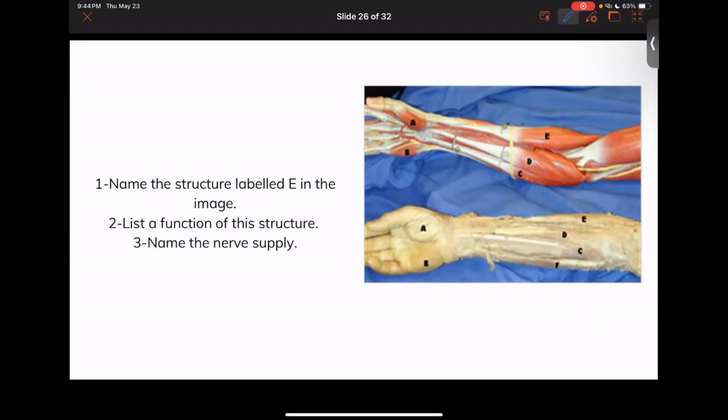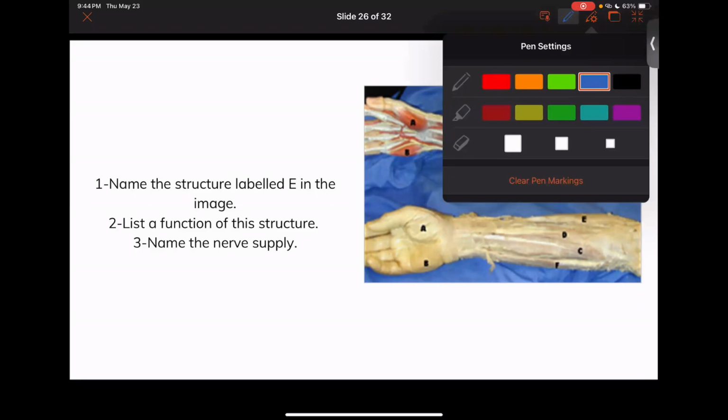Okay, so structure E, I'm pretty sure you guys know this. This is brachioradialis. The function of it is it flexes the arm, and the nerve supply is the radial nerve, basically. Now, the other four muscles which are coming, I would talk about these.